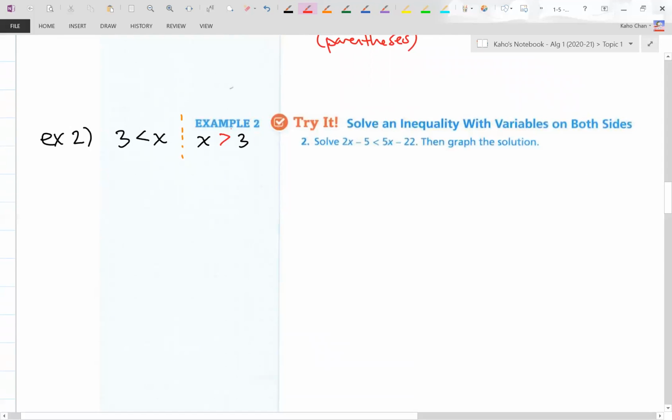So this is another case where when you swap quantities, you also change the direction of the inequality. Okay, just want to make sure you guys know that.